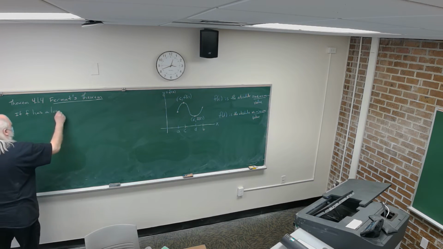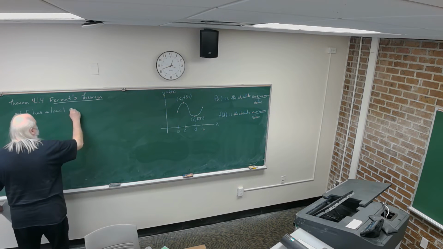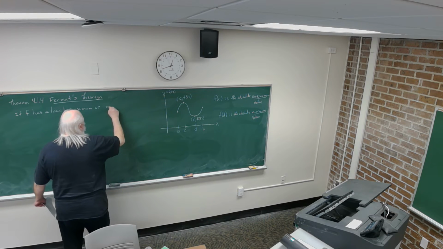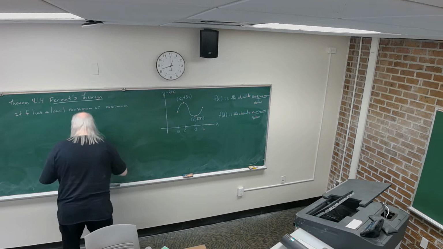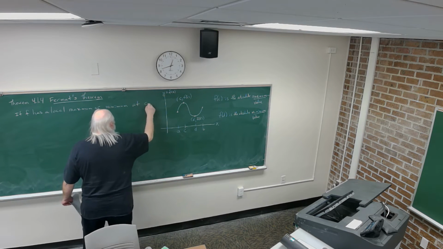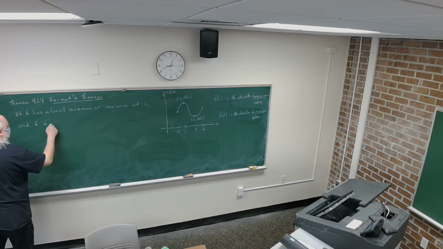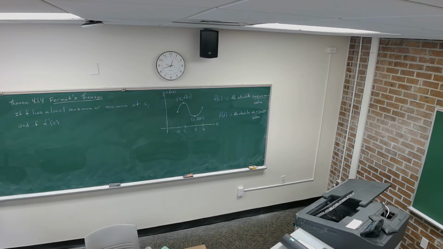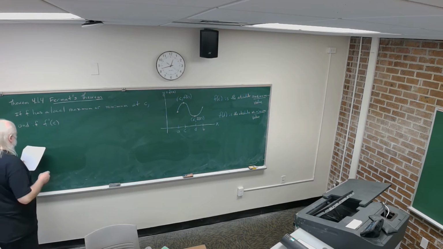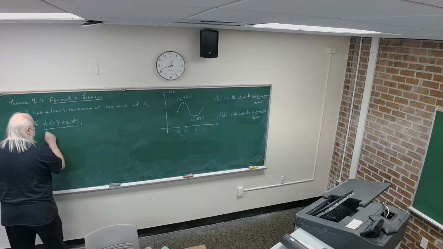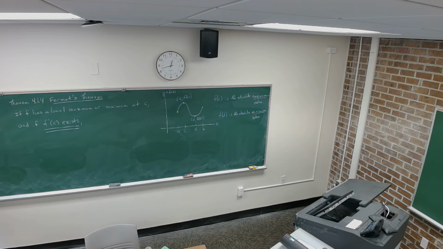If f has a local maximum or minimum at x equals c, and this is an important condition, and if the derivative of f of x at x equals c, so f prime of c, exists, I'll double underline that because I can't do bold on the board.